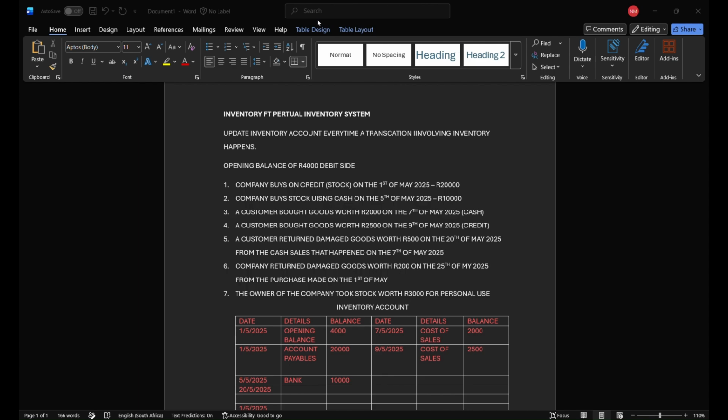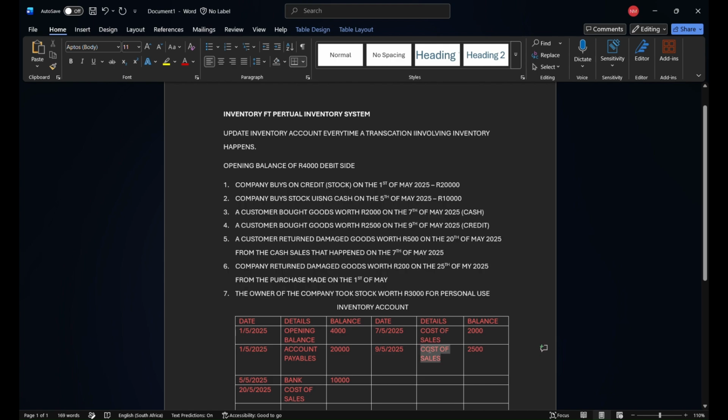When the transaction took place, the accounts affected were cost of sales, inventory, sales returns, and accounts receivables. But because we're focusing on inventory, we're just going to take cost of sales, because cost of sales goes hand in hand with inventory. You're going to say the 20th of May 2025, details cost of sales, because we are reversing this transaction in a way. And then under balance, you're going to have 500 rand.